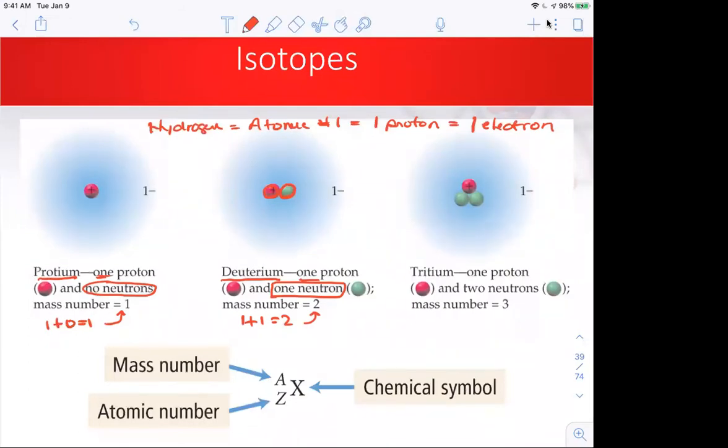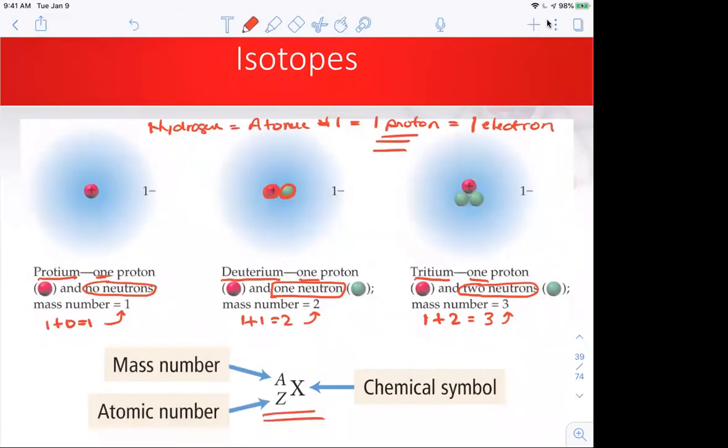And then I have tritium, which has 1 proton, and I actually have 2 neutrons in the nucleus. 1 plus 2 is equal to 3, which gives me a mass number of 3. So these are 3 different isotopes of the element of hydrogen. They have different mass numbers, but they all have 1 proton because that's the identity of hydrogen.